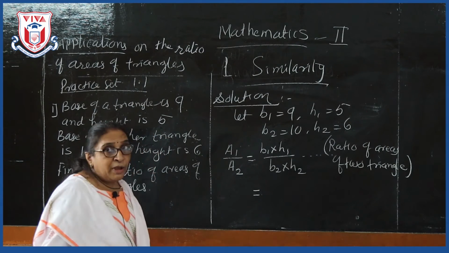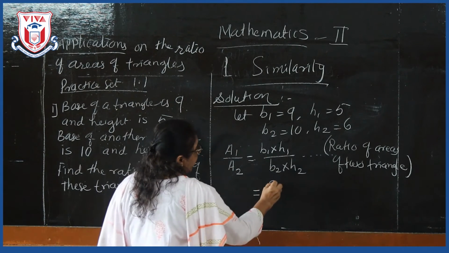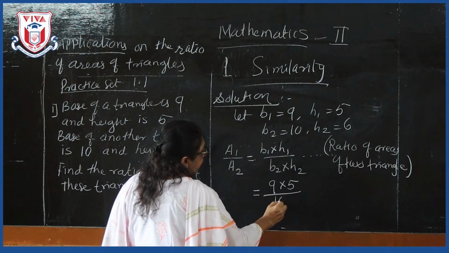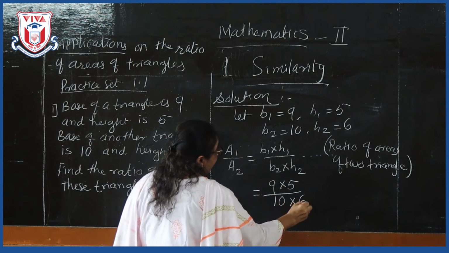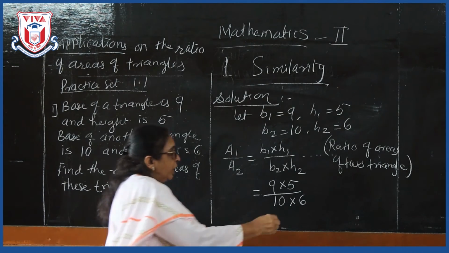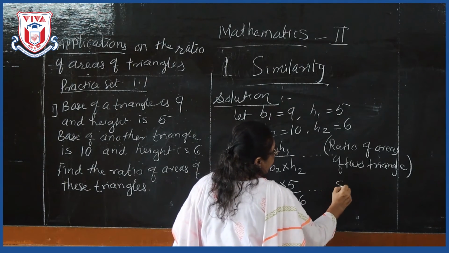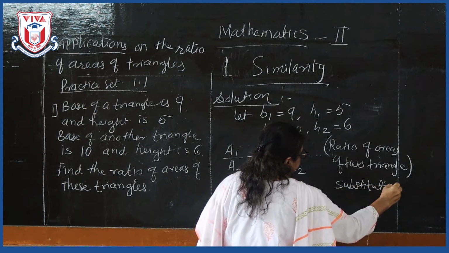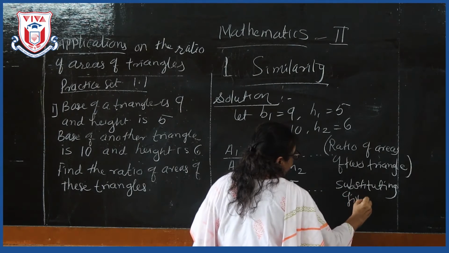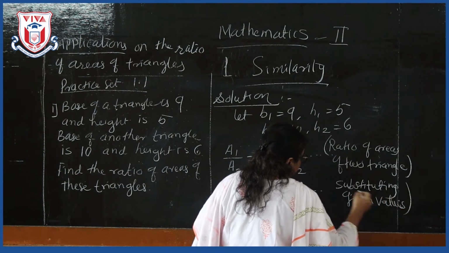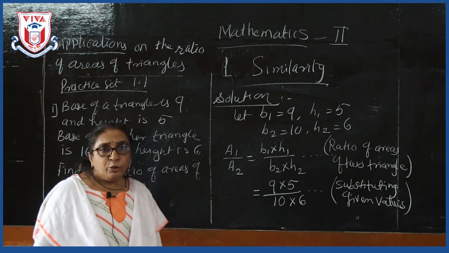Now substitute the values. 9 multiplied by 5 upon B2 is 10, H2 is 6. And you can do the calculation. Before that, write the reason: substituting given values. Now this calculation you can do on your own.